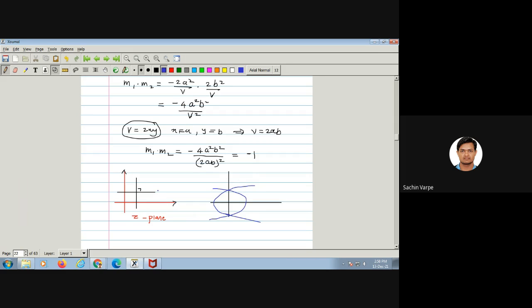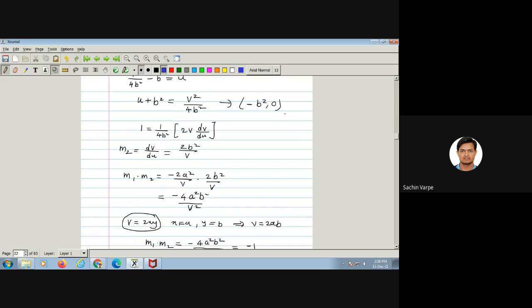But remember, x equal to a maps to a parabola, which parabola? The one having the vertex a square comma 0, this one. And y equal to b maps to a parabola with the vertex minus b square comma 0, no? Yes or no? You can see.